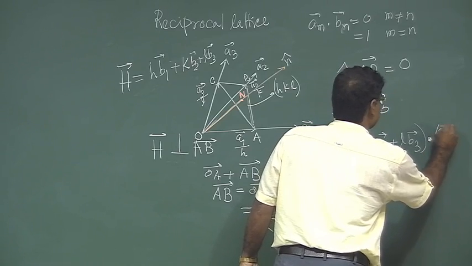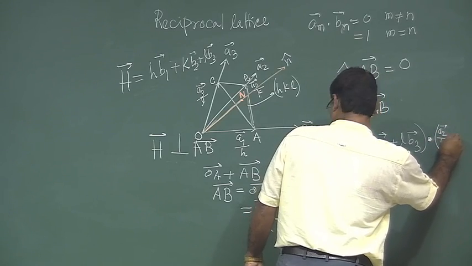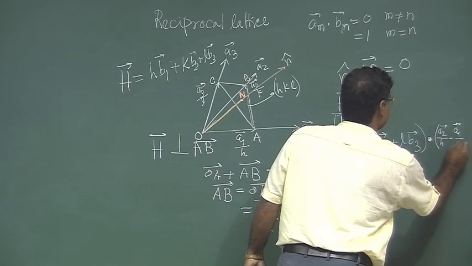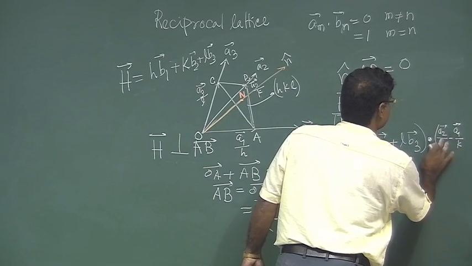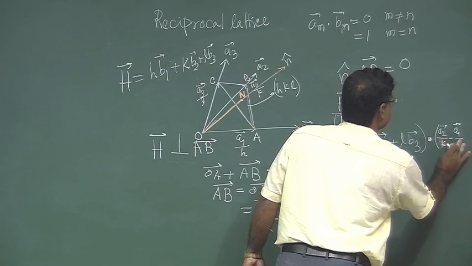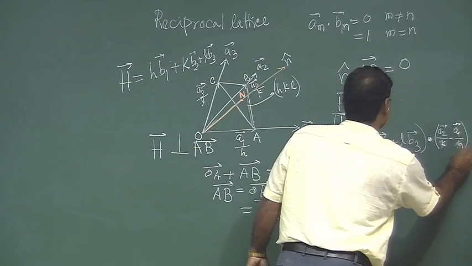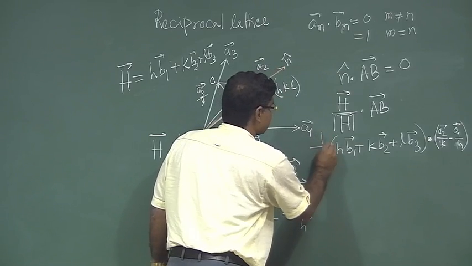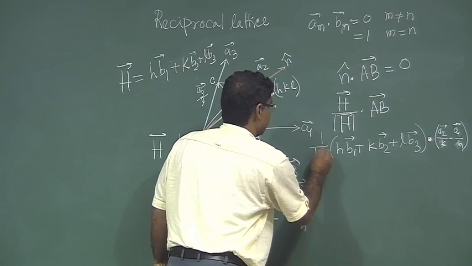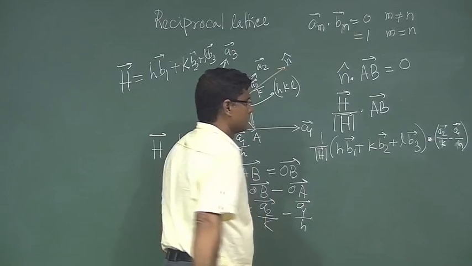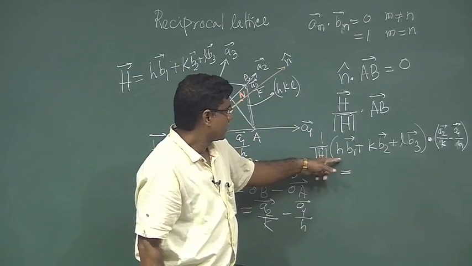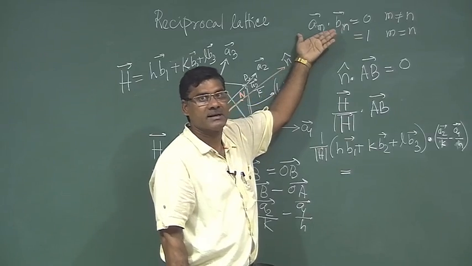by H minus A1 by K, sorry, it is K and it is H, right, and that magnitude of this one is there, okay. Now, this is equal to, here just see this relation.